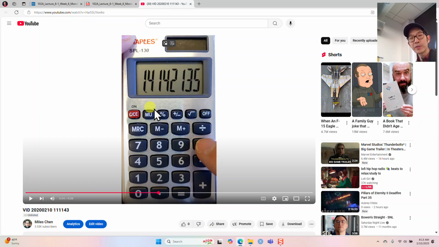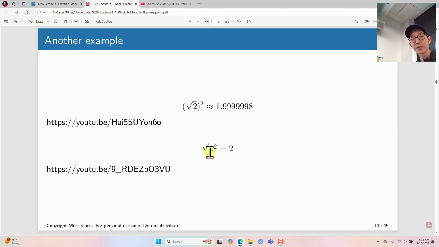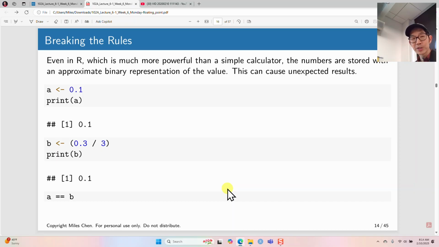However, if you take this number and square it, by pressing times equals on the calculator, you don't get back 2. You get something close to it, but not exactly 2: 1.999998. And of course, if you do 2 squared and you get 4, and you take the square root of that, you get 2. So the order of operations changes.